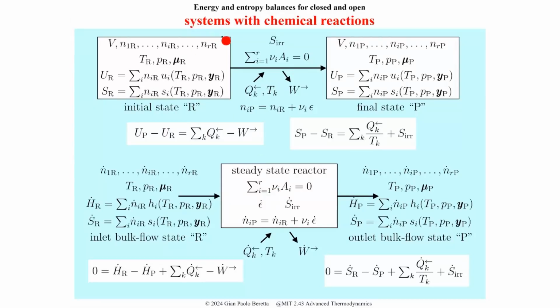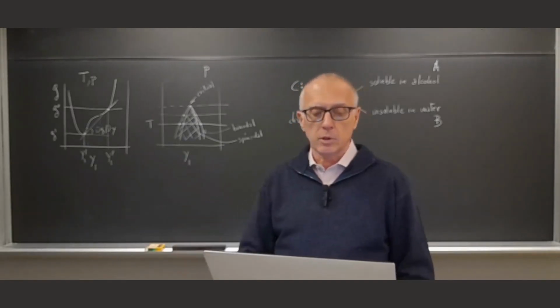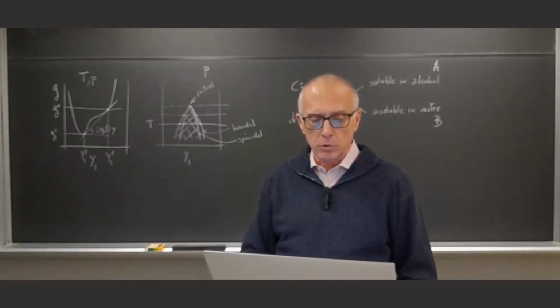In the closed system situation, you have a box. The application that I like to have in mind is the internal combustion engine. So you imagine that this wall is the piston of the cylinder of your internal combustion engine, and this wall goes up and down, and at the top center, it will be at a certain volume.